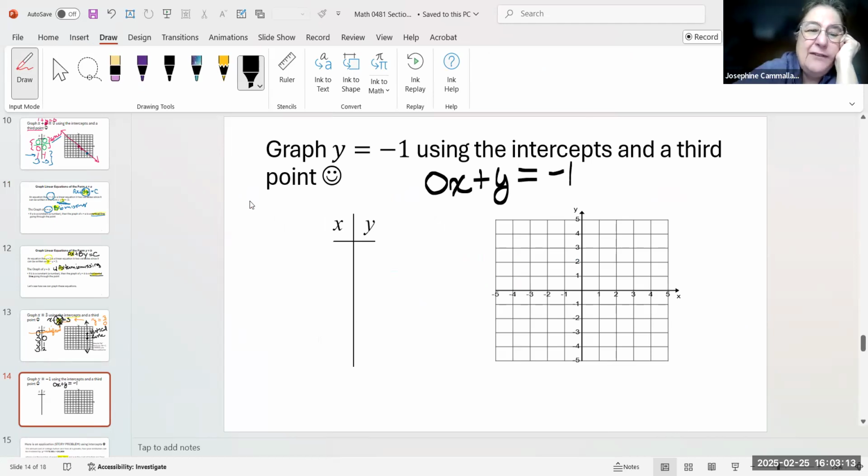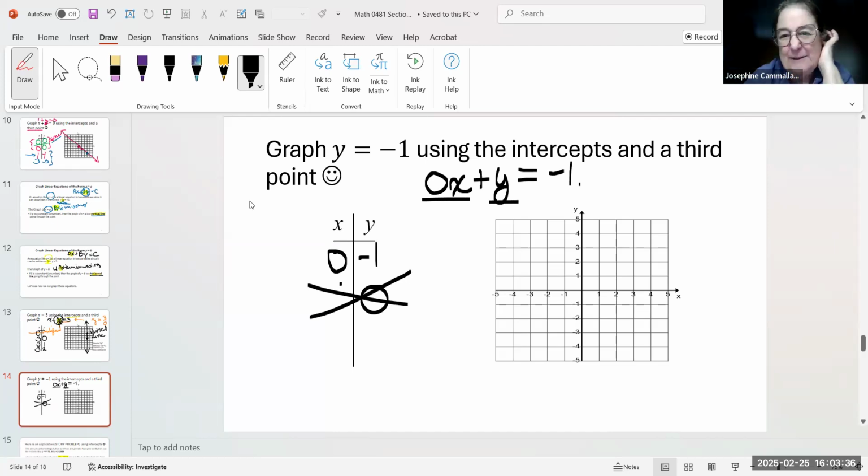Well, if I put a 0 here, y is going to be -1. But I can't put, in this case, a 0 for the y, because this is saying 0 plus 0 is equal to -1.